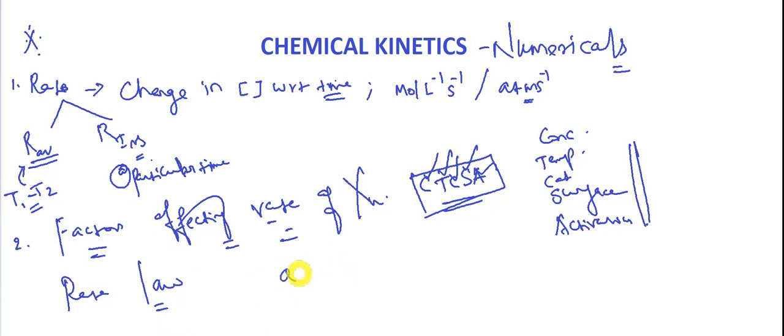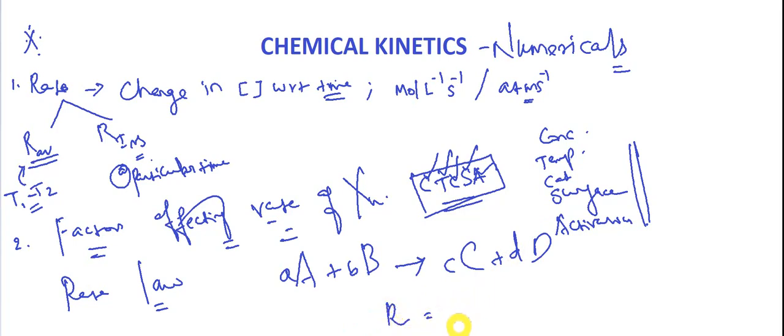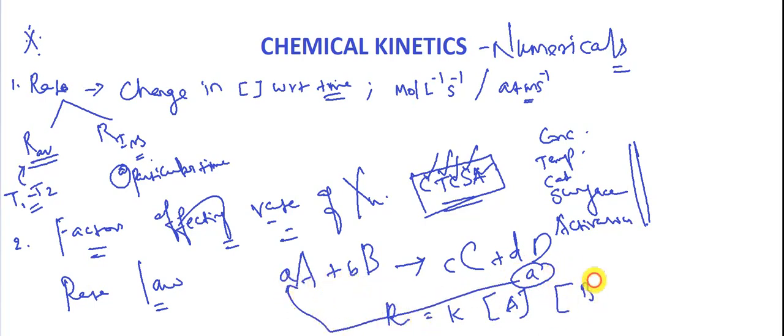For the equation aA plus bB gives cC plus dD, the rate of this reaction can be written as R equals K into concentration of A raised to its power, say a, and concentration of B raised to its power, say b. These powers may or may not be equal to the coefficients.